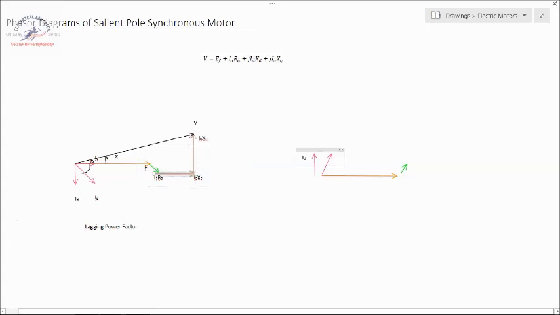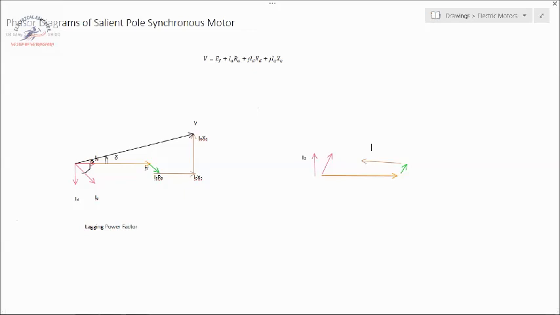Then I have to draw IQ XQ. IQ XQ will be here. So I draw IQ XQ. At last, what I have to draw is vector E. So vector E, I have to start from the starting point and terminate it at the ending point.